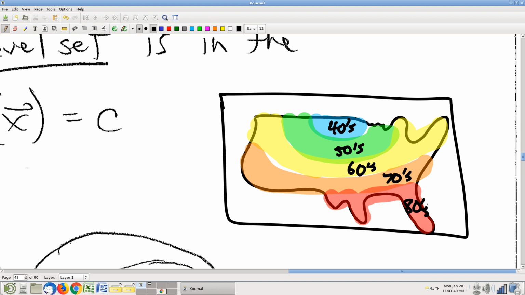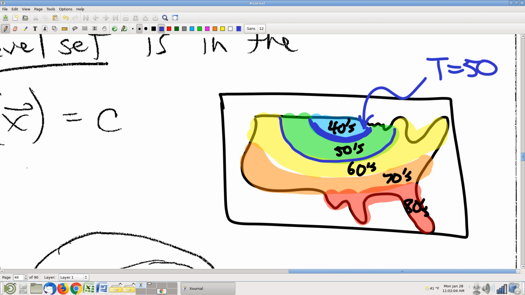And what they're saying then is that this line right there, that blue curve, that's where t equals 50. And this line right here, that's where t equals 60. Right? I mean, the barrier between the 50s and the 60s is 60.